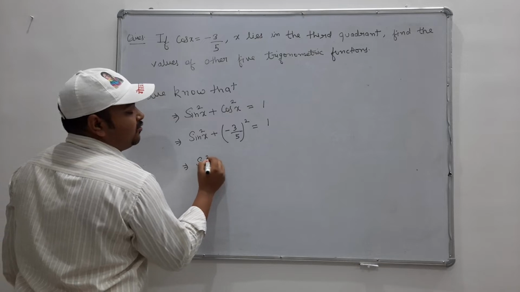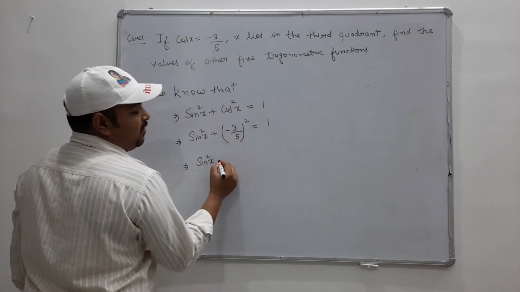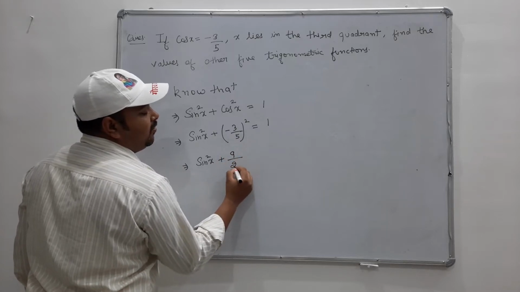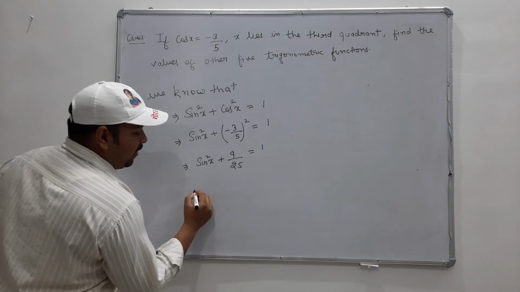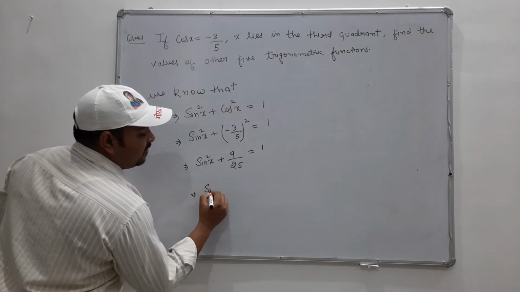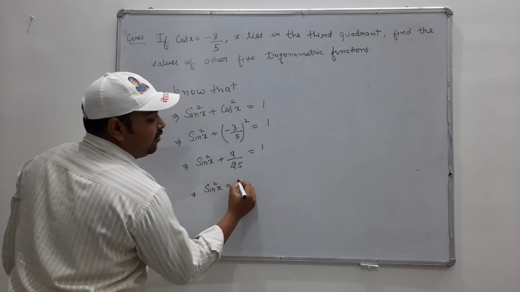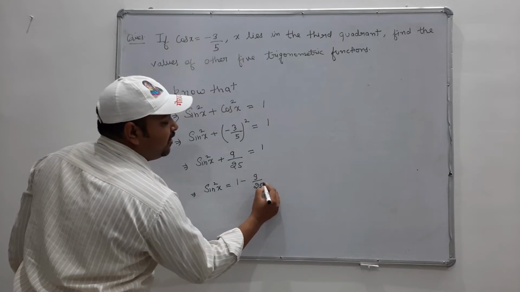Next, sin square x plus (-3/5) square we will open, then we will get 9/25 is equal to 1. By transposing, we will get sin square x is equal to 1 minus 9/25.